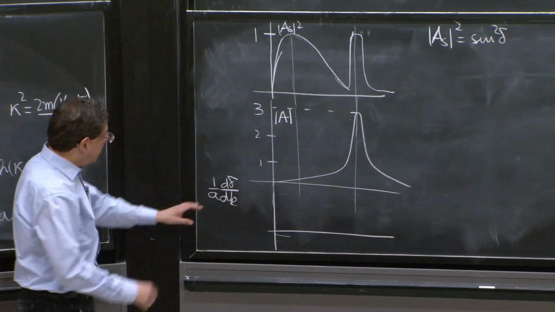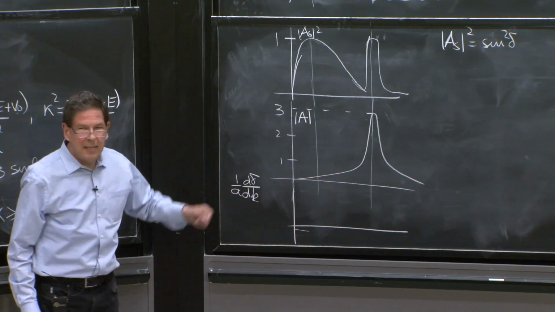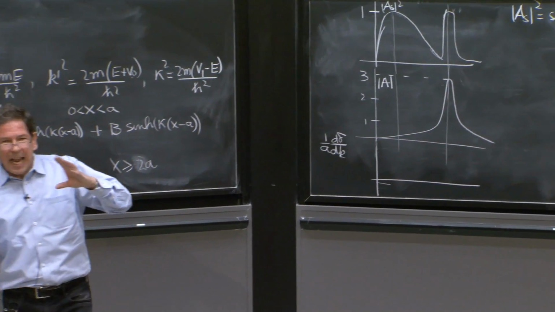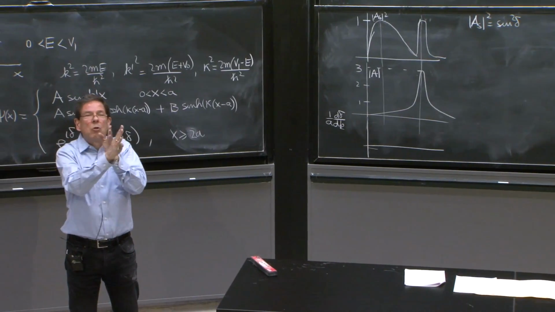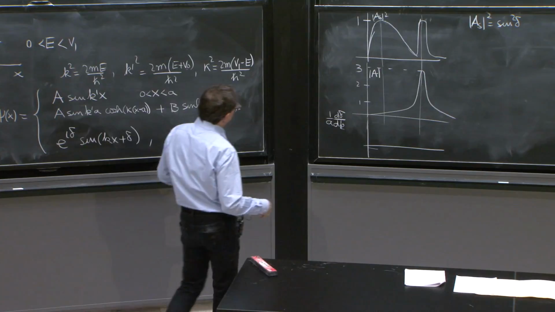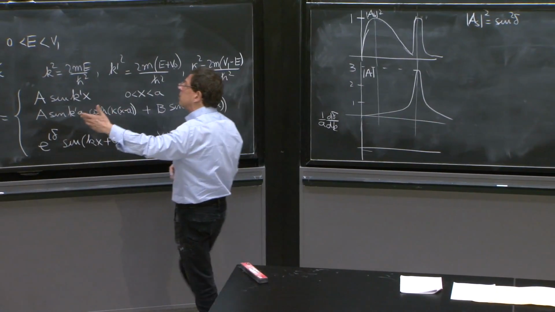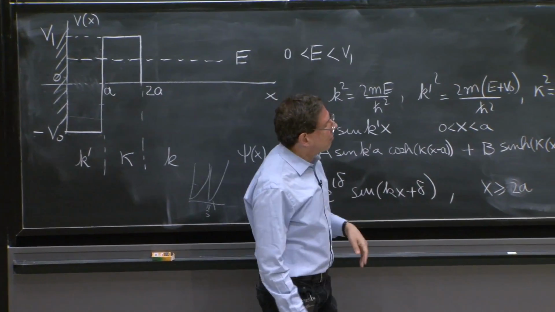And remember that when we did the 1 over A d delta dk, this is a pure number. It expresses the delay in terms of the time that it would take to travel the inside region. So if you would get a 1 or a -1, it is just a delay of the size of the time needed to travel back and forth.